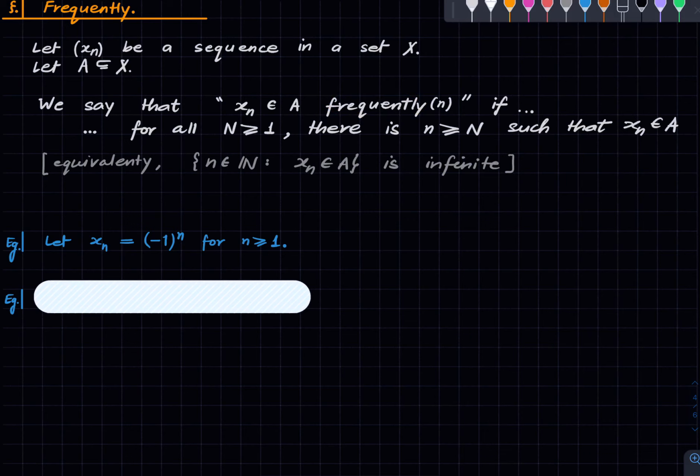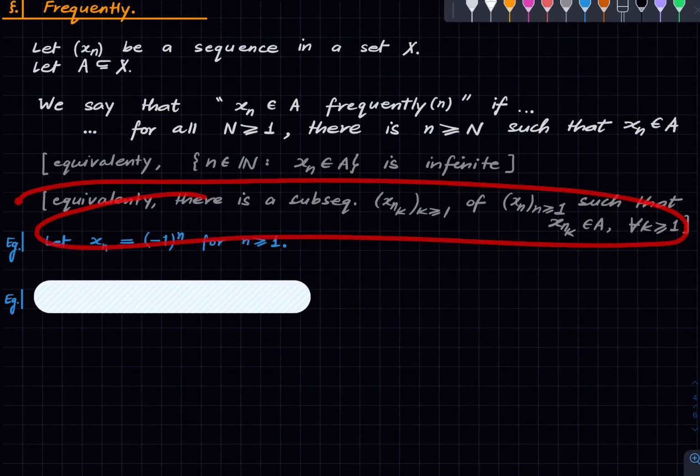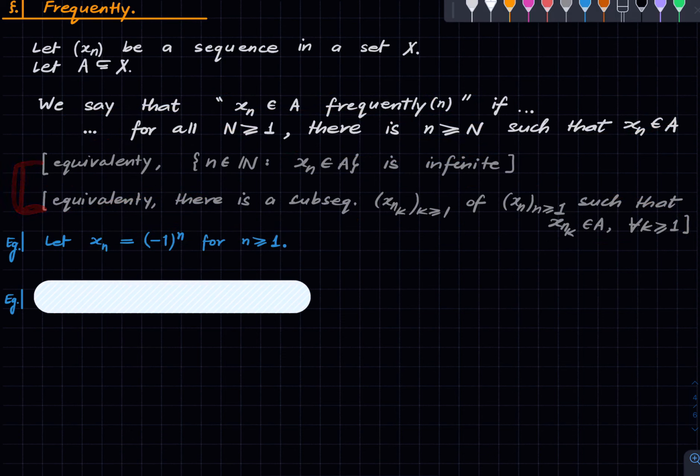All right. You can also equivalently say that there is a subsequence of xn such that this happens for all k. This equivalence is an exercise. It's a very simple definition, and all I'm asking is for you to verify these equivalences.